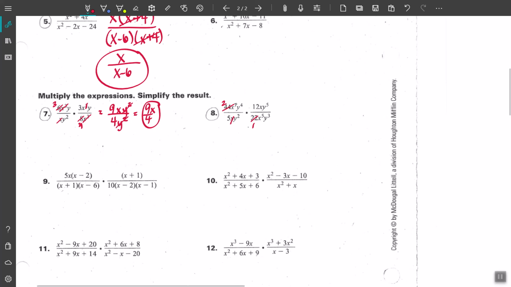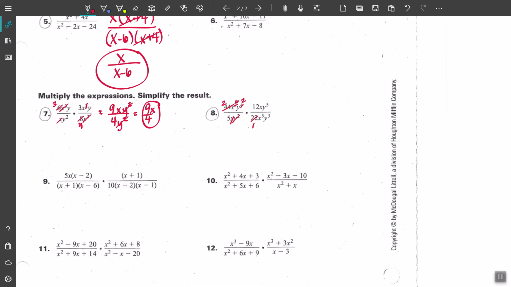This one will go away completely, and instead of an exponent of 7, it'll go down to 6. My y's, my y to the 4th right here, minus this squared, so 4 minus 2, this one will go away completely, and that'll be a 2. So I'm going to end up with y squared there.